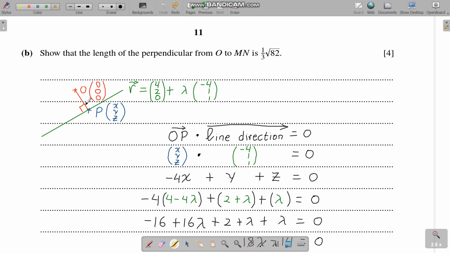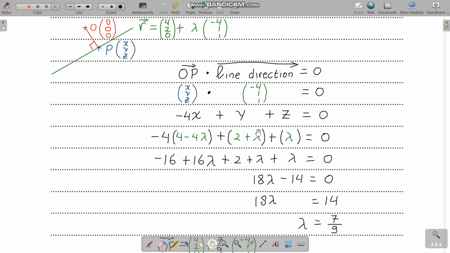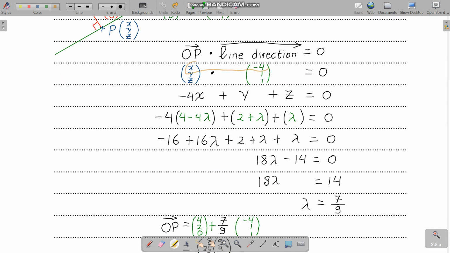The vector OP is just P minus O, so x minus 0, y minus 0, z minus 0, basically x, y, z. The line direction is this vector. The dot product is x times minus 4, minus 4x, y times 1, just y, z times 1, just z.